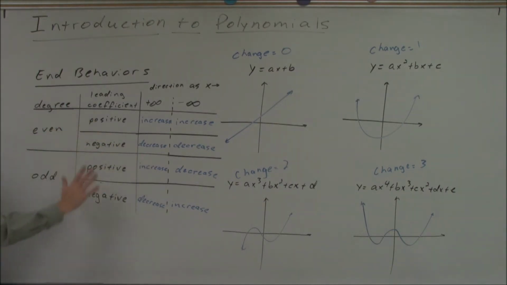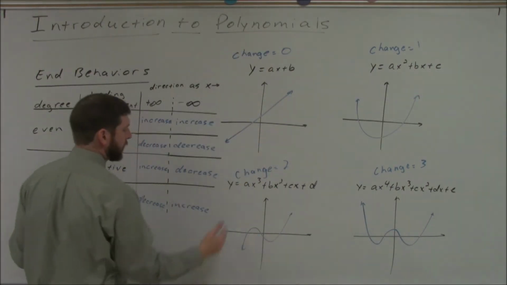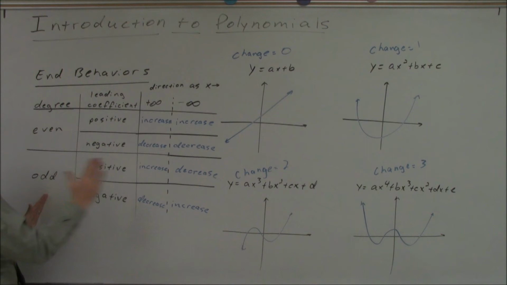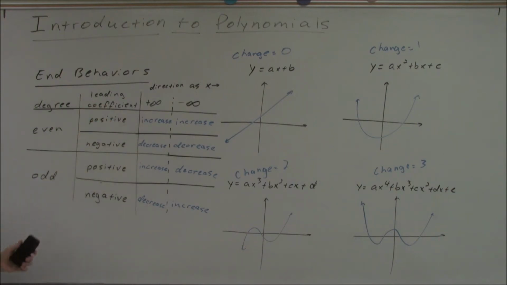So this is what we're talking about when we're talking about end behaviors. What's my function doing as I approach positive infinity and negative infinity? As I move along the positive x-axis, is my graph going up or going down? As I move along the negative x-axis, is my graph going up or going down? That's going to give us a lot of good information about the overall shape of the graph.